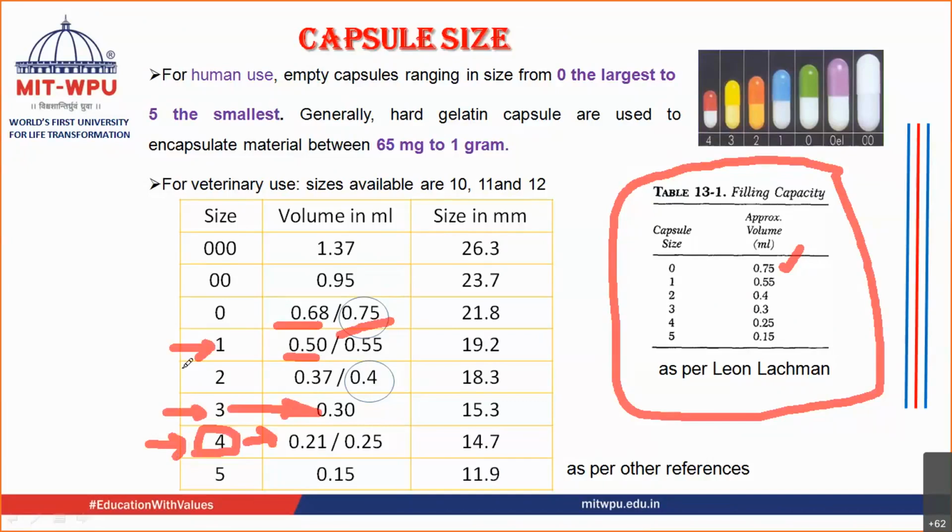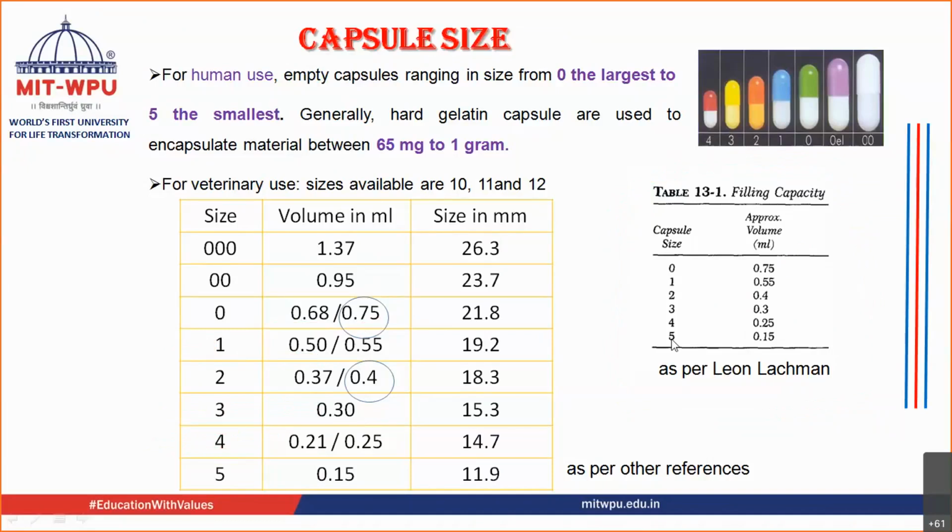Coming back again, size 1 is 0.50, whereas in Lachman it is given as 0.55. That is the difference between Lachman and other literature. Size 2 is 0.37, whereas in Lachman it is 0.4.